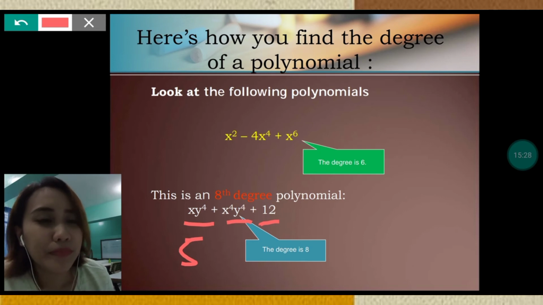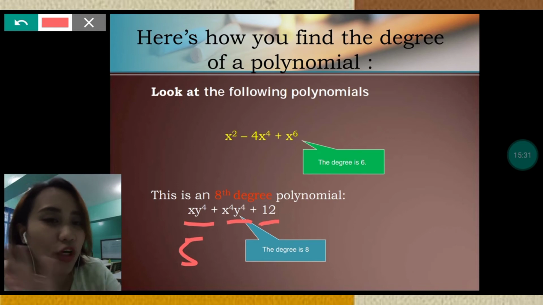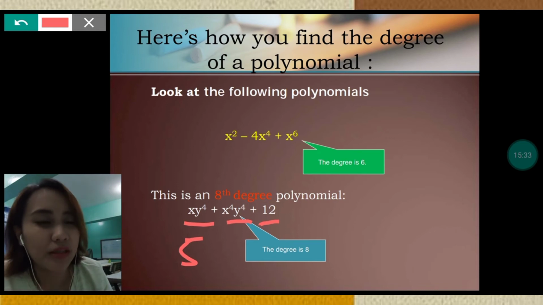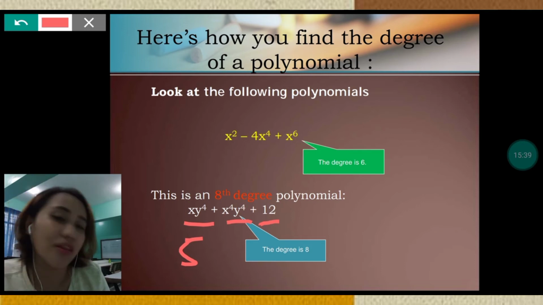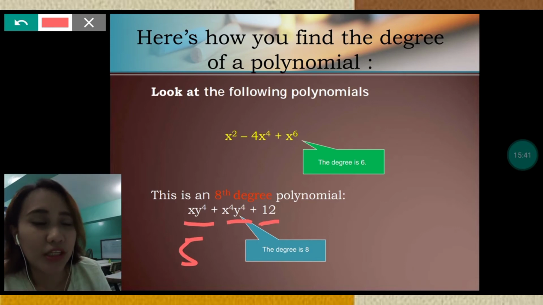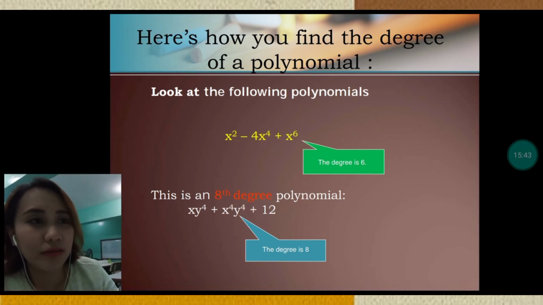Okay? So if we talk about the whole polynomial, the degree of the whole polynomial is 8 because that's the highest degree or the highest exponent of the whole polynomial.